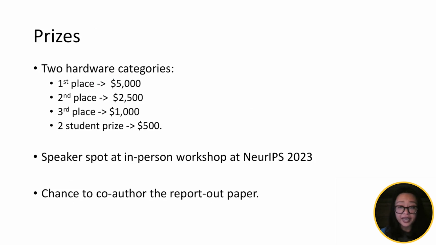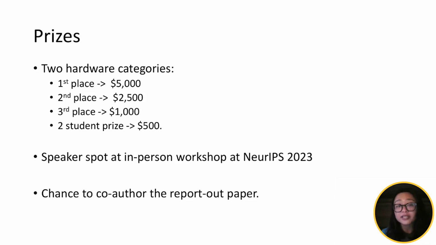Because we have 2 hardware tracks, we have two tracks of awards as well. For each of the hardware categories, we have a first prize winner of $5,000, second prize $2,500, and third prize $1,000, with two special student prizes for the teams outside of the 3 top prizes. That consists of purely student teams, so the next two pure student teams that score the highest.